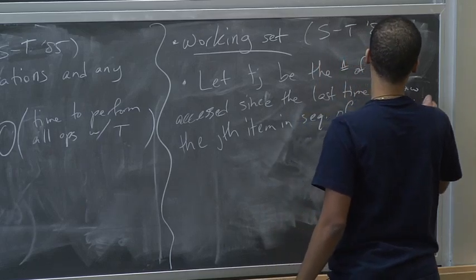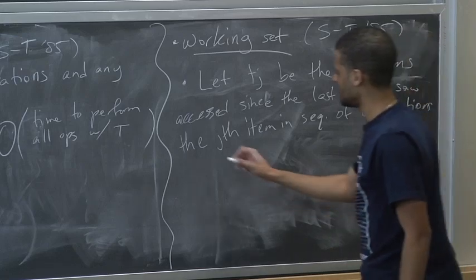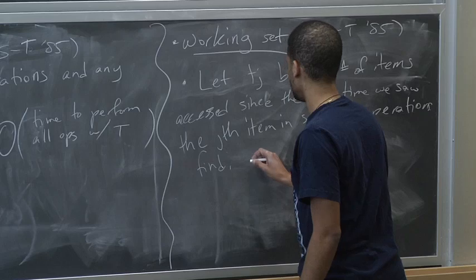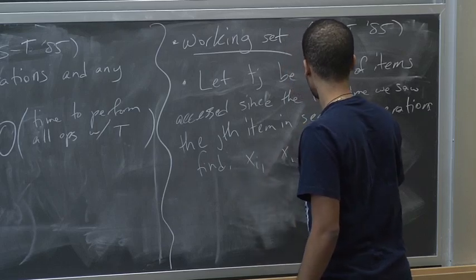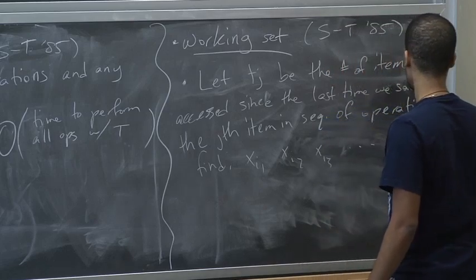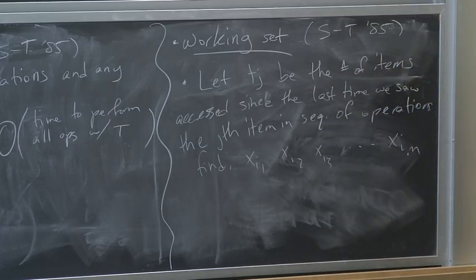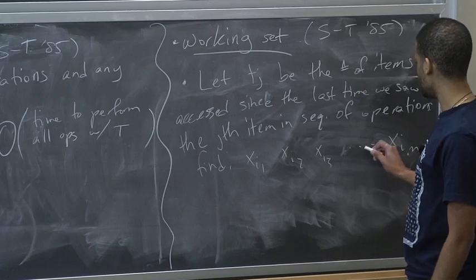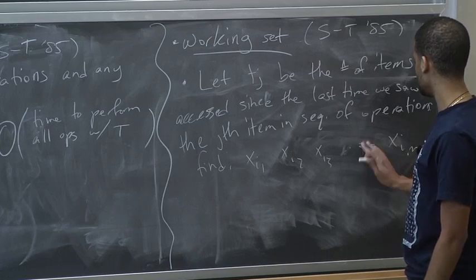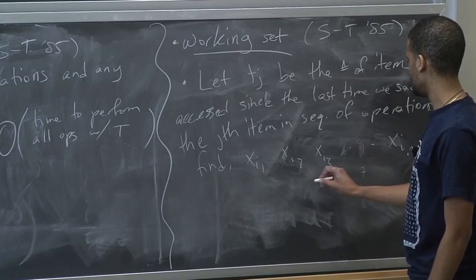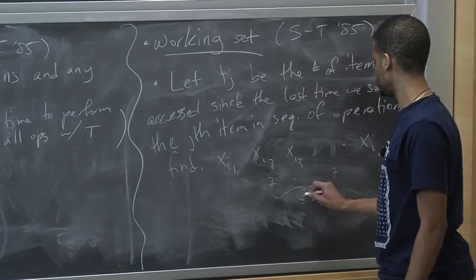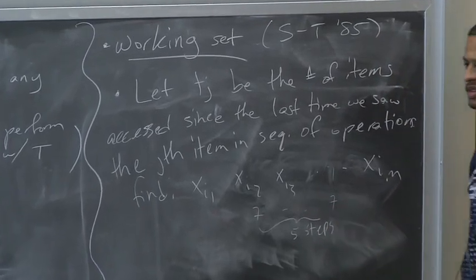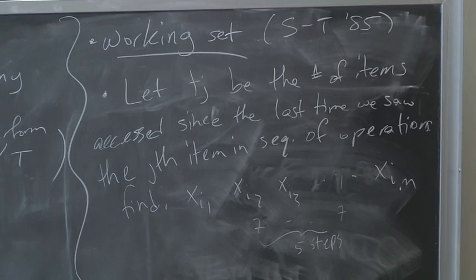So again, let's say we have a bunch of finds. Okay, so we have find on some xi1, xi2, xi3, xim. So we have m operations, a bunch of finds. And let's say here the item that we search for is 7. And 5 steps ago, we searched for 7 in the past. Then what I'm saying is tj will be 5. Okay. How many items were there in between the last access to this item?